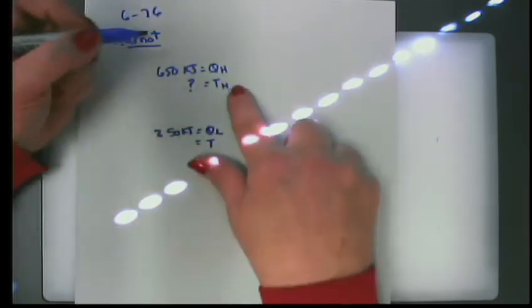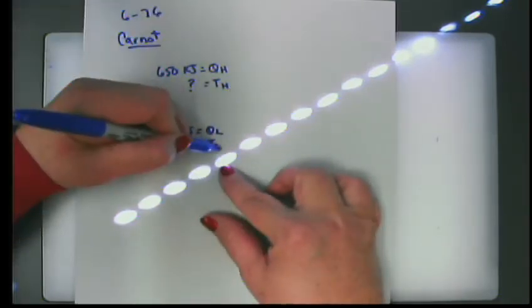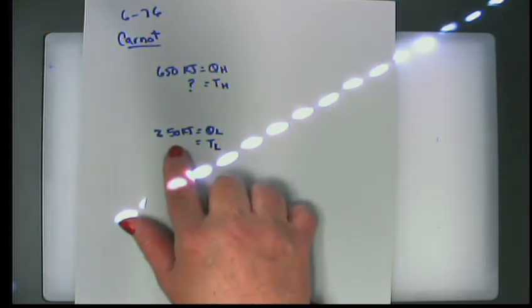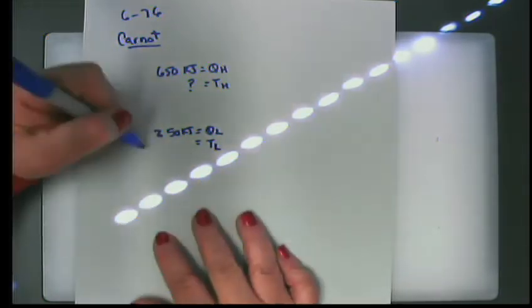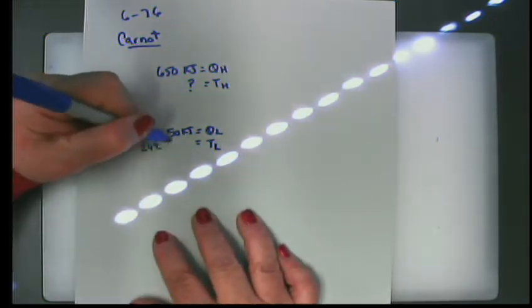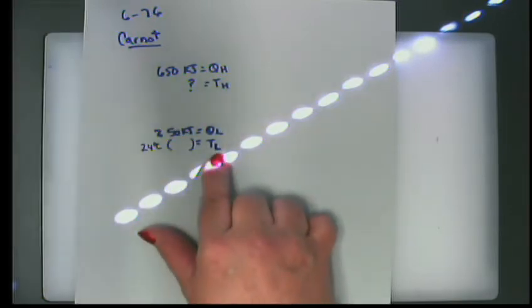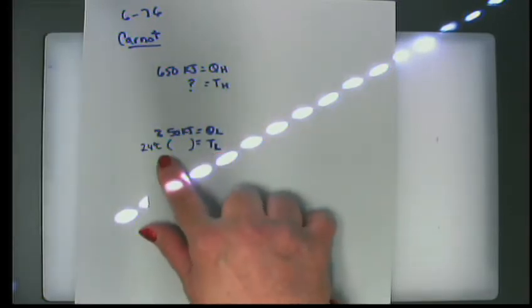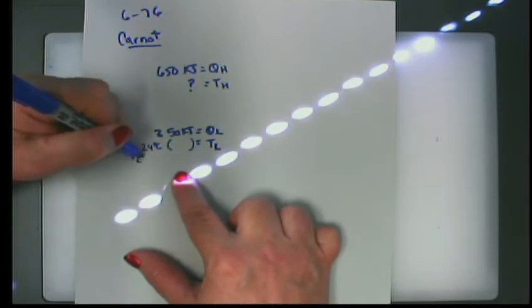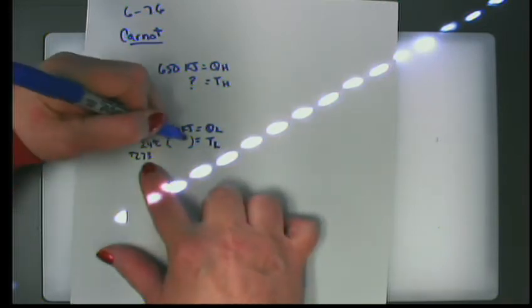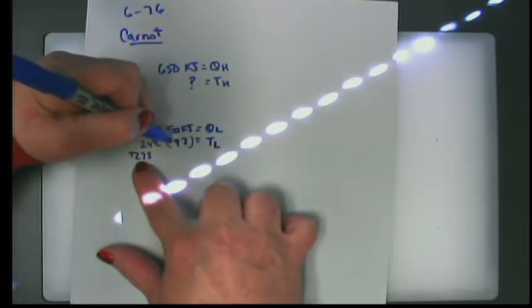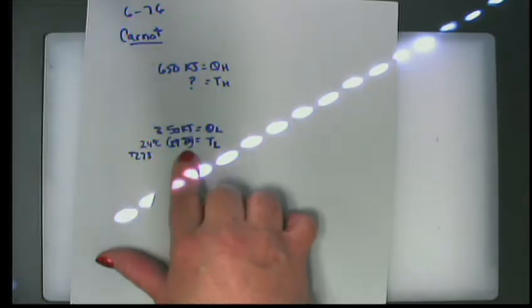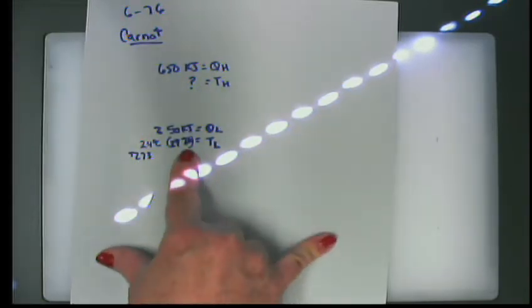They usually call this a source and this a sink, which are both just heat reservoirs, at 24 degrees centigrade, which we know already for Carnot we're not going to use centigrade, we're going to use kelvins. So we add 273, and that turns out to be 297 kelvins.